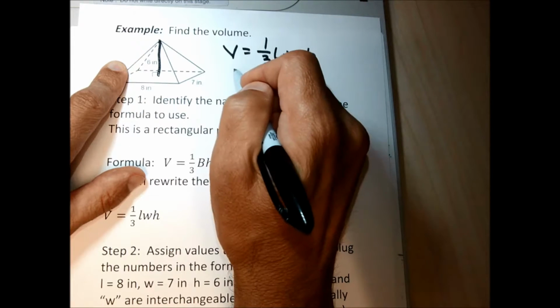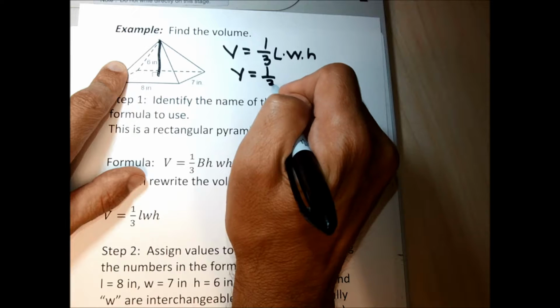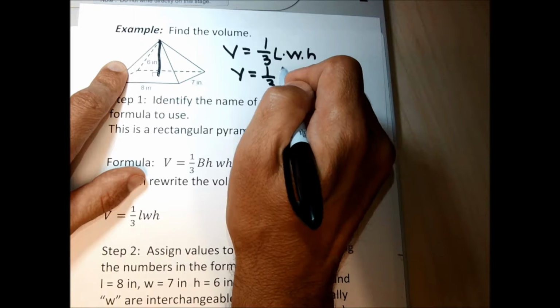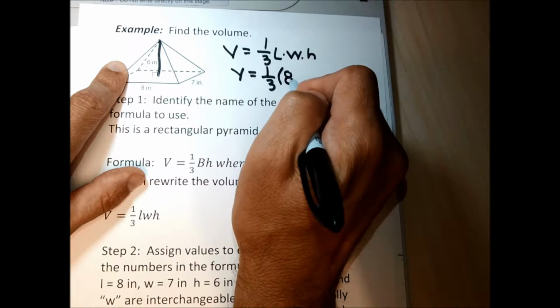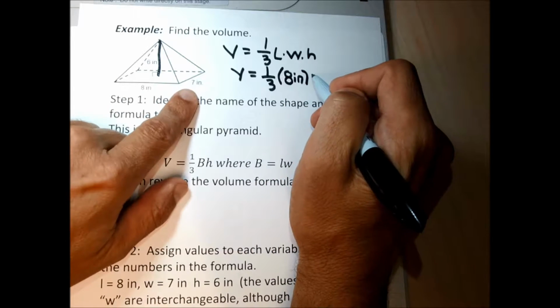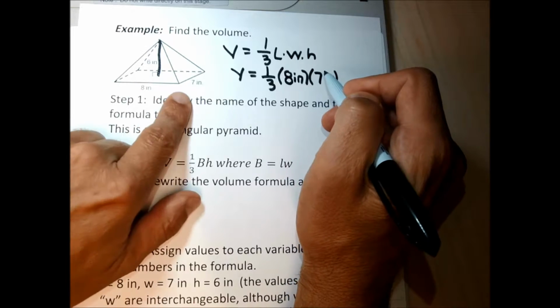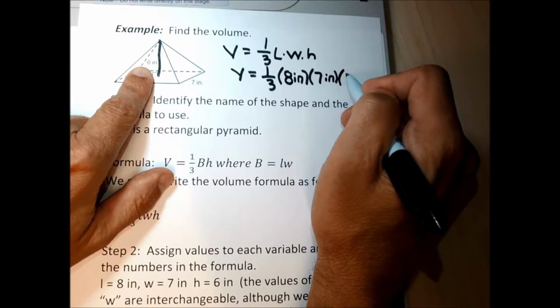The height is 6 inches. So volume equals 1/3 times the length, which I'll call 8 inches, though I could call it 7, times the width, 7 inches, times the height, 6 inches.